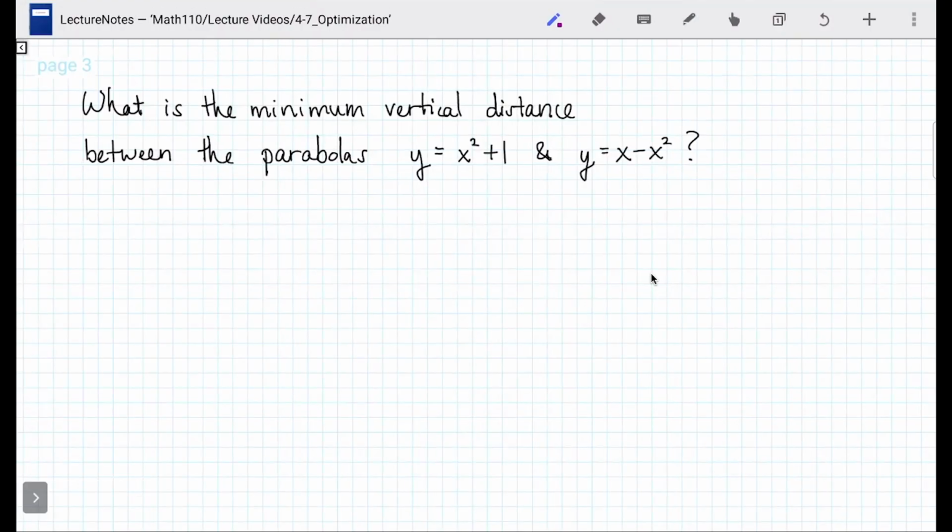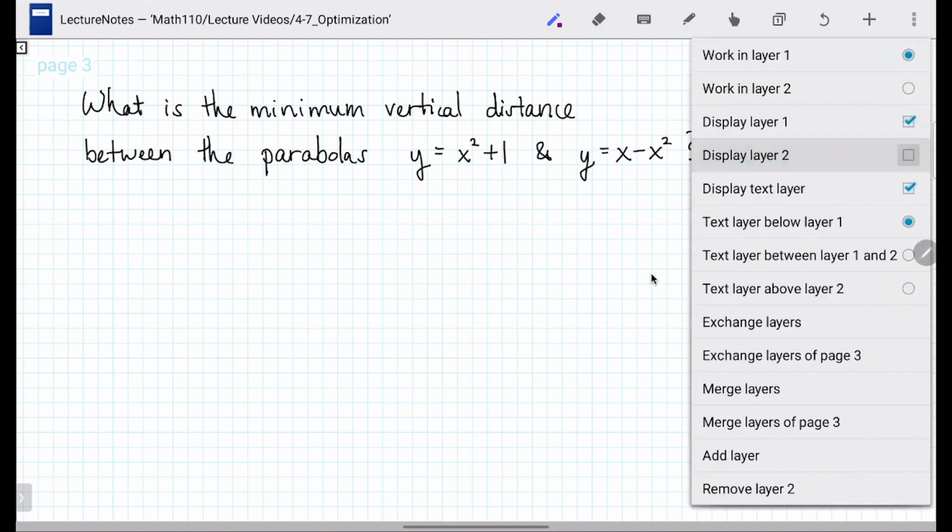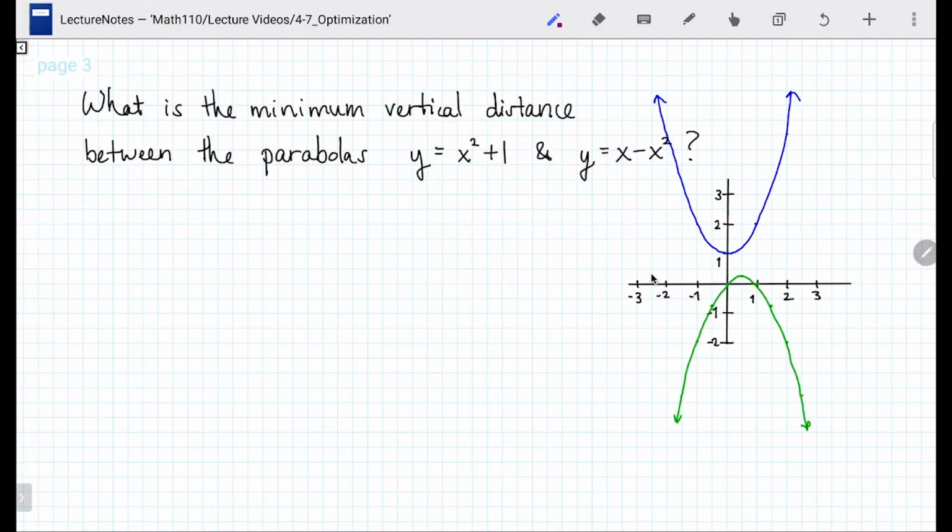So going back here, I did copy this into my paper. When I'm looking at the vertical distance, I'm going to keep track of what we're looking at. At any given x value, I can look at this, and that is my distance d.